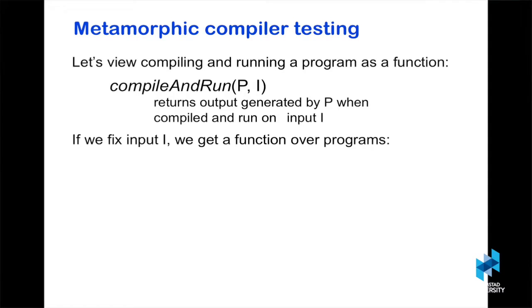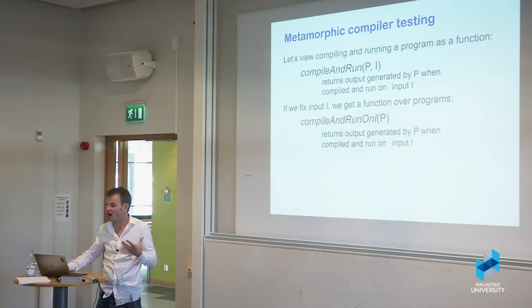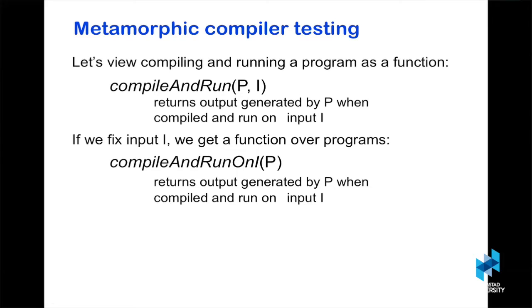Okay, so if we fix the input I, then we can, I think this is called currying, if my functional programming knowledge is correct, curry compile and run to get a function called compile and run on I, which is a one-input function.